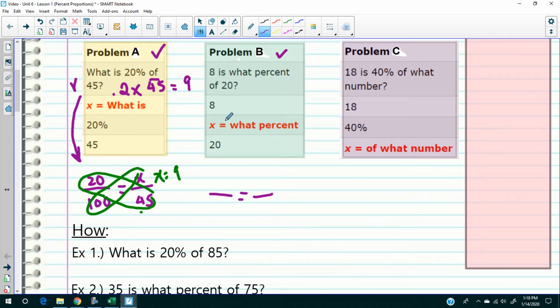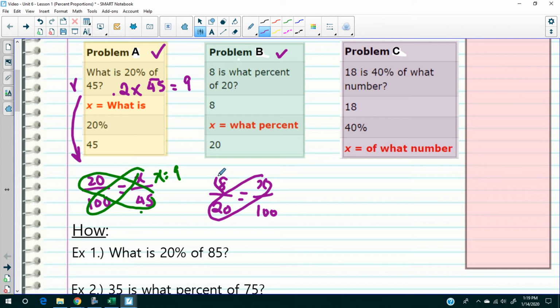Now watch this. 8 is what percent out of 20? Okay, one more time. 8 is what percent out of 20? And then you solve it with the answer.